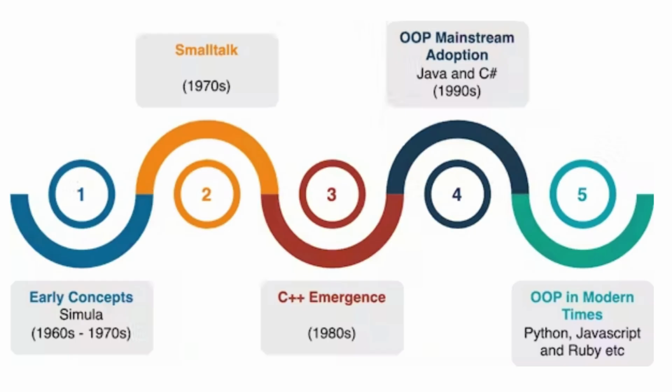Now it is time to discuss the history, the evolution, and the programming languages of object-oriented programming. So, object-oriented programming began in the 1960s with Simula, the first programming language to introduce classes and objects. Smalltalk, developed in the 1970s, expanded these ideas, emphasizing objects and message passing.